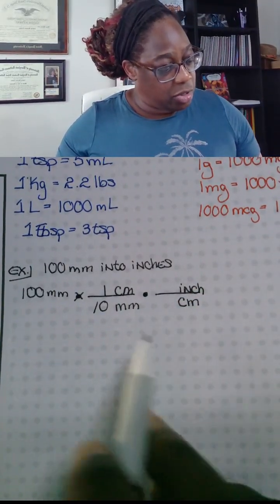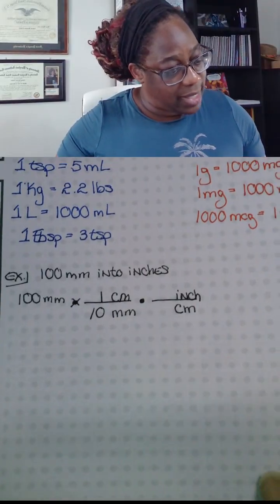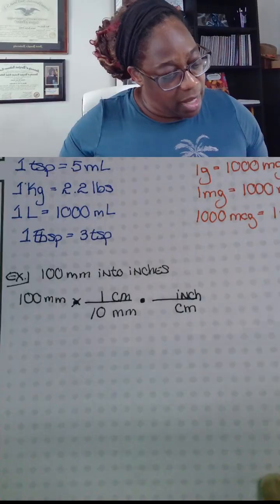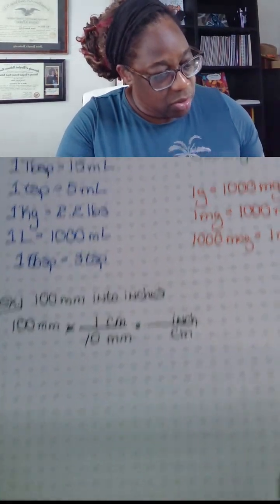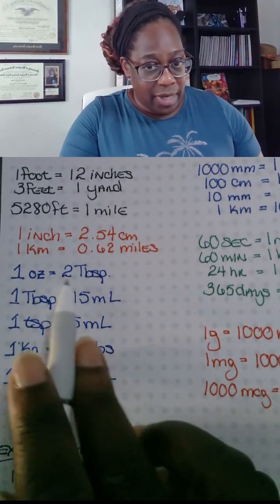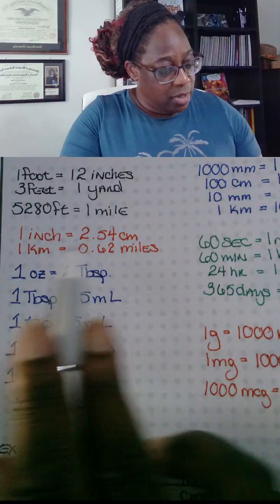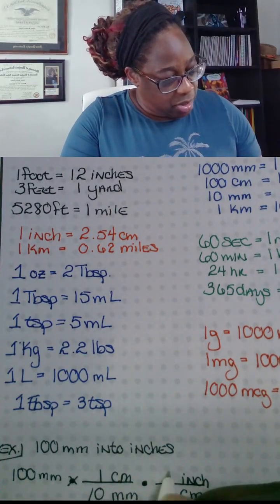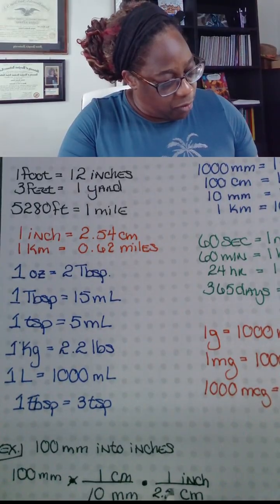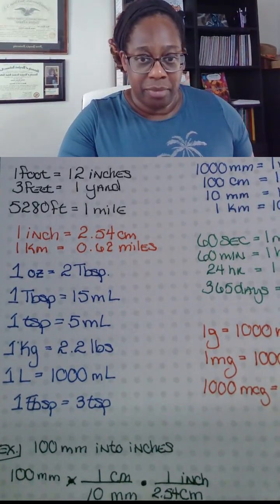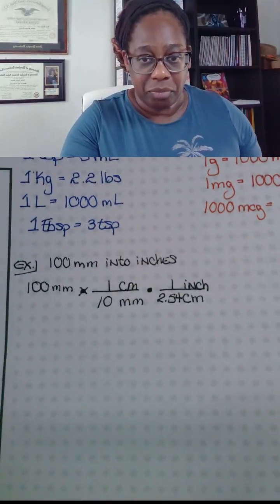Okay, so when I take a look at my inches, here it is right in the red. So 1 inch is going to be 2.54 centimeters. Okay.